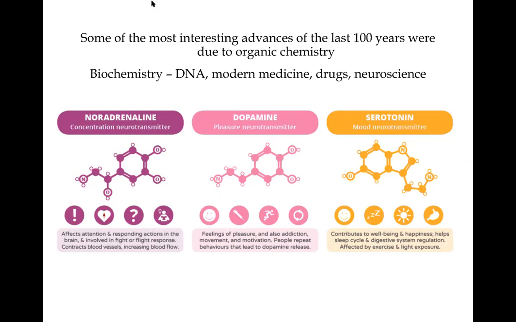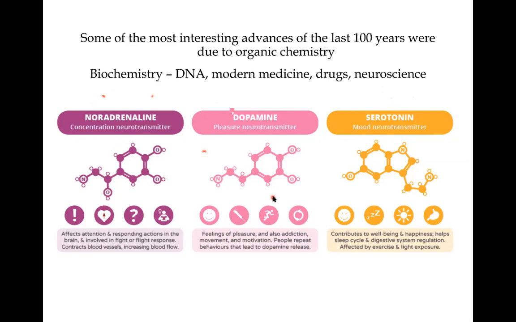But what's really cool about organic chemistry is that it's really relatable because it makes up our biochemistry, right? So we can apply it to things like when we talk about DNA and RNA, and the medicines that we come up with, and drugs, and certain aspects of neuroscience, like these neurotransmitters: noradrenaline, dopamine, and serotonin.